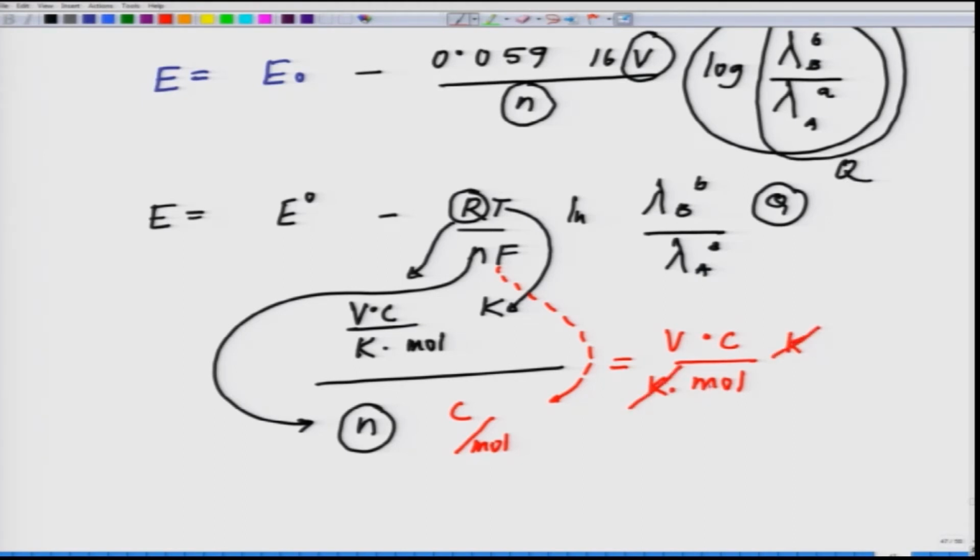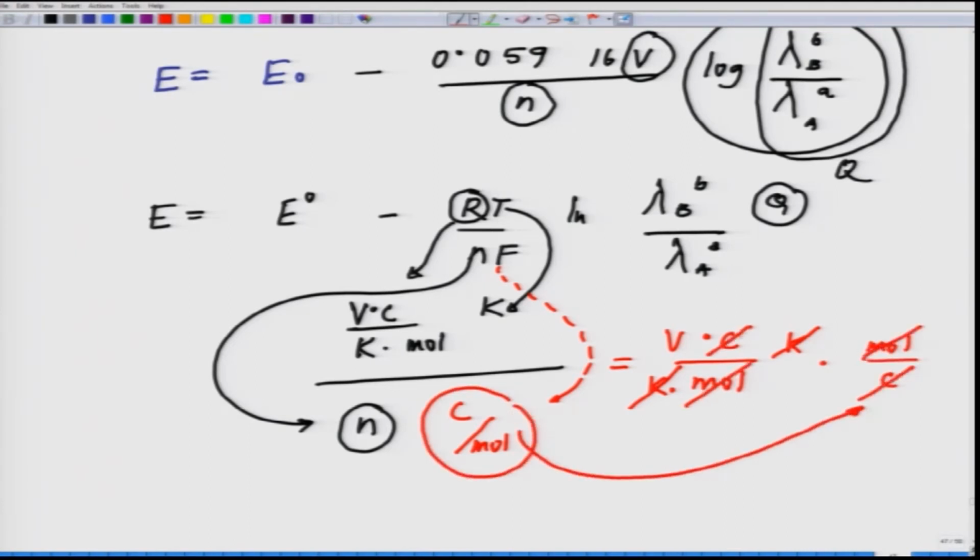So, you have V C upon mole multiplied by mole upon C, C cancels, mole cancels, you are left with V. So, what you have is V upon n, and this is precisely what you see here, V, which is in voltage, and n, it is just a number.